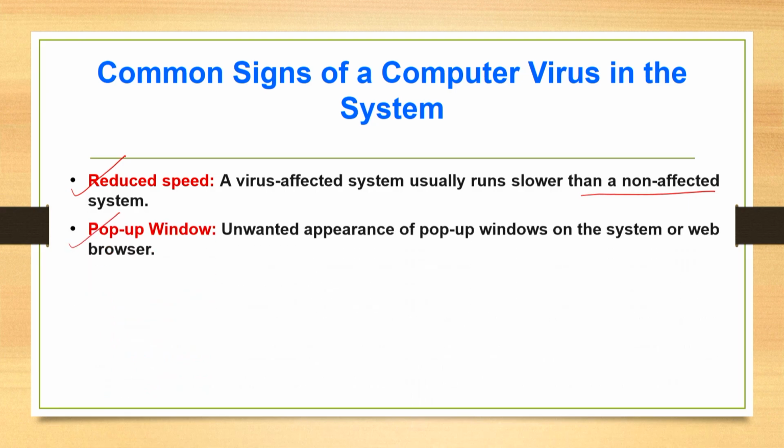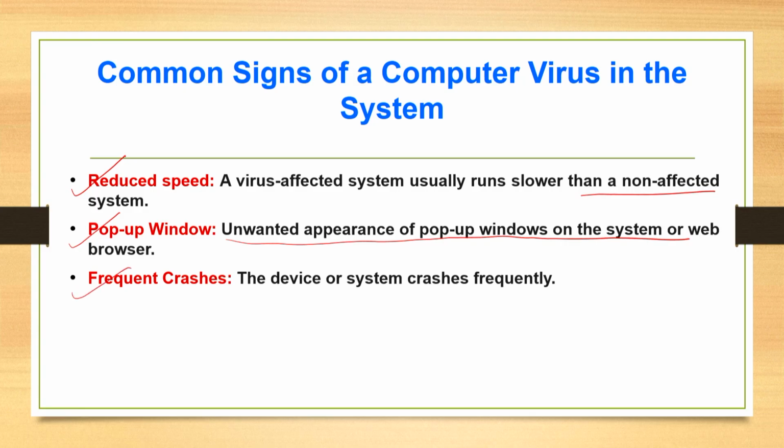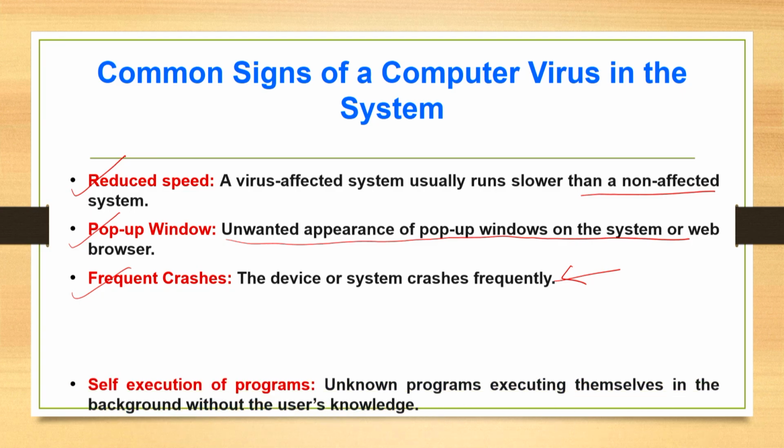Second, pop-up windows. If unwanted pop-up windows appear on the system or web browsers, this is also an indication that your system is affected by a computer virus. Frequent crashes: if the device or system crashes frequently, that also indicates that there is a virus in your system.